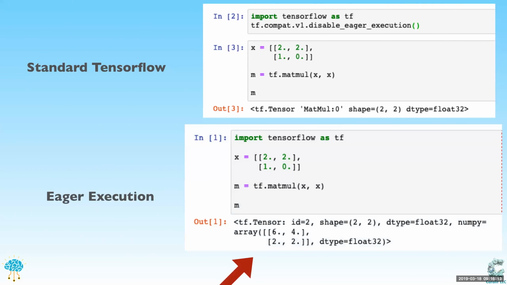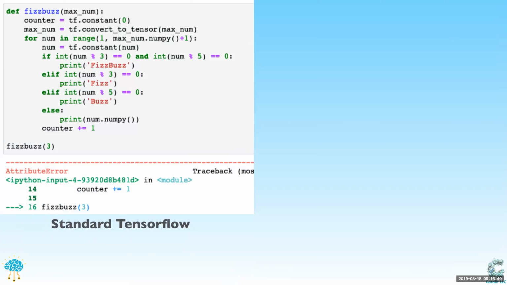In contrast, in TensorFlow 2.0, which has eager execution by default, when you run the matrix multiplication, as you can see, you get the result very much as if it was a NumPy array. This is great because now I can see the result of my operations in real time and therefore debug my models much more easily. The second big change that comes with eager execution is control flow.